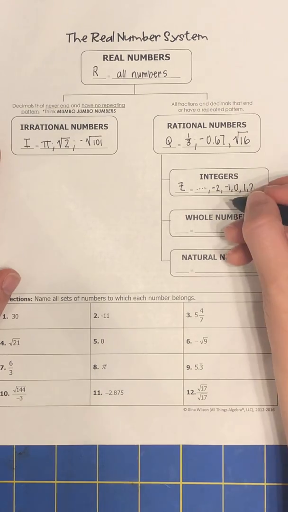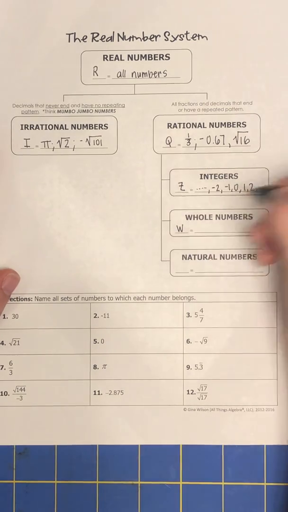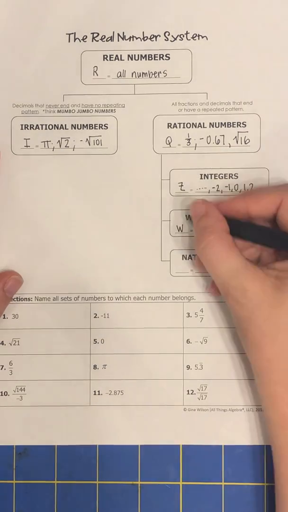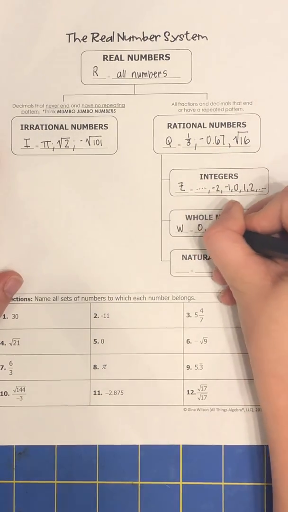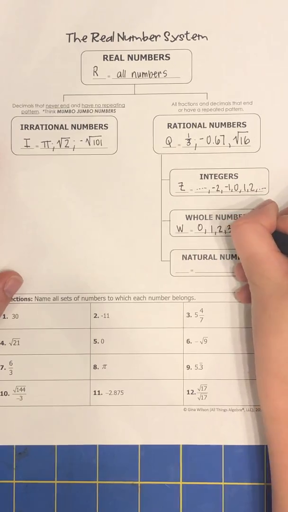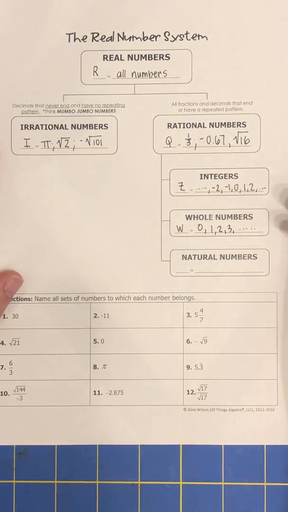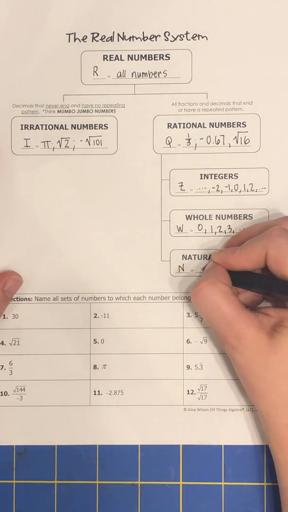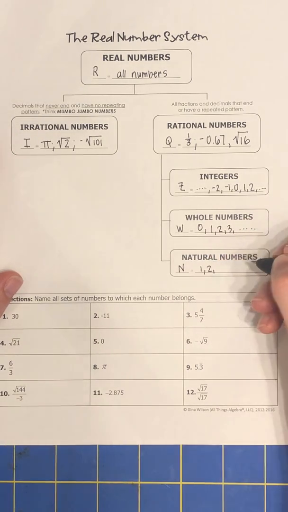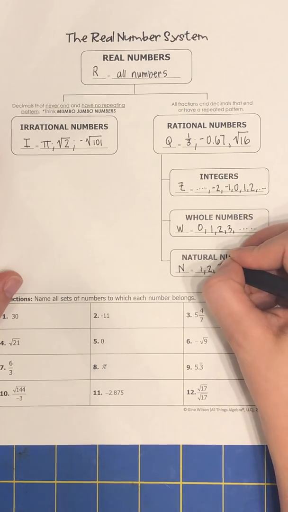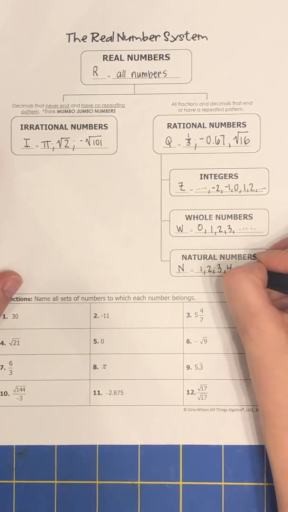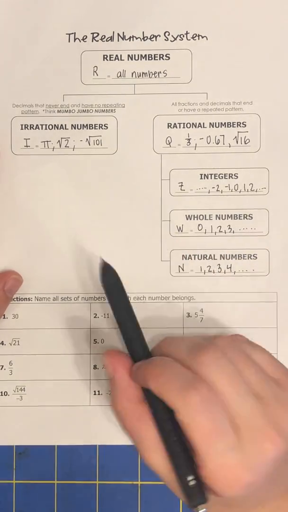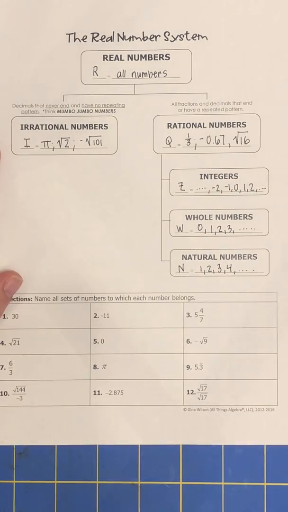Whole numbers we represent with the letter W, and they are 0 and any other positive number. So 0, 1, 2, 3, and so on. Natural numbers are represented by the letter N, and they are any whole number greater than 0, so 1, 2, 3, 4, and so on. That's the breakdown of the real number system.